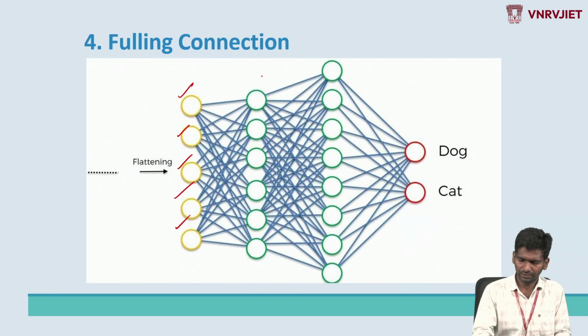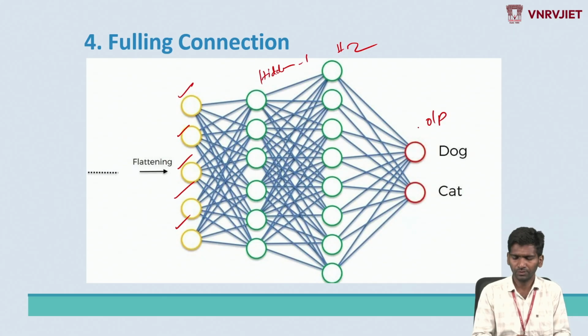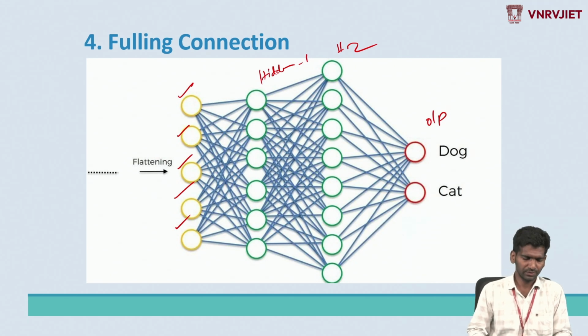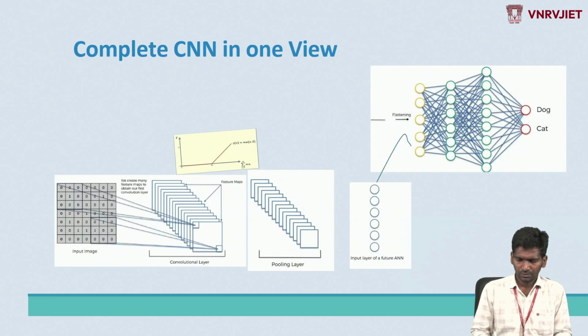These are hidden layers: hidden layer 1, hidden layer 2, and this is the output. This is the last step in the CNN, a fully connected network, which appears like neurons, with input layers, hidden layers, and output layers.